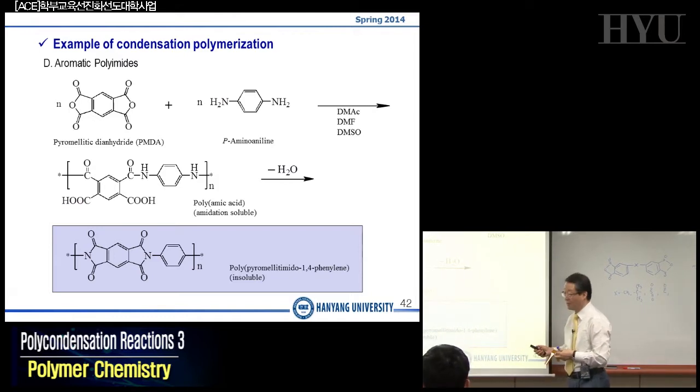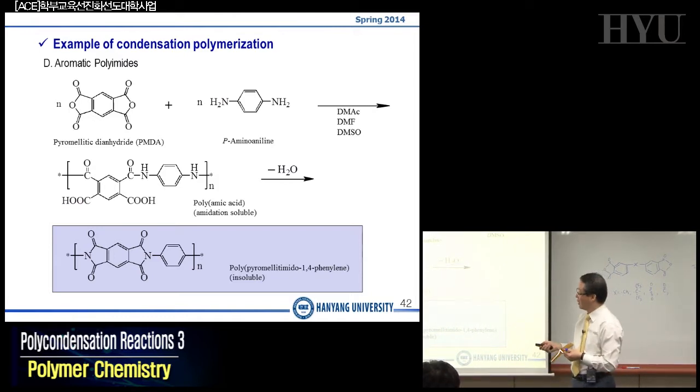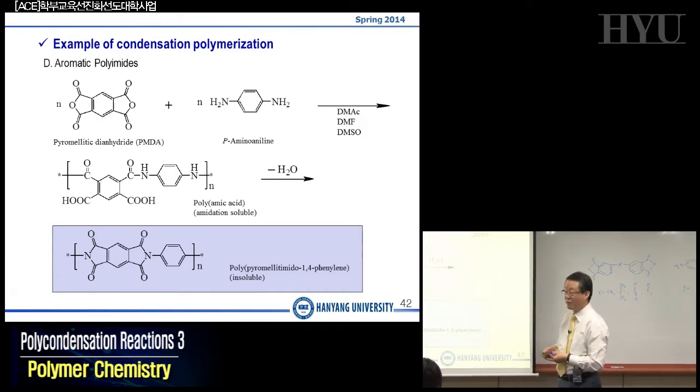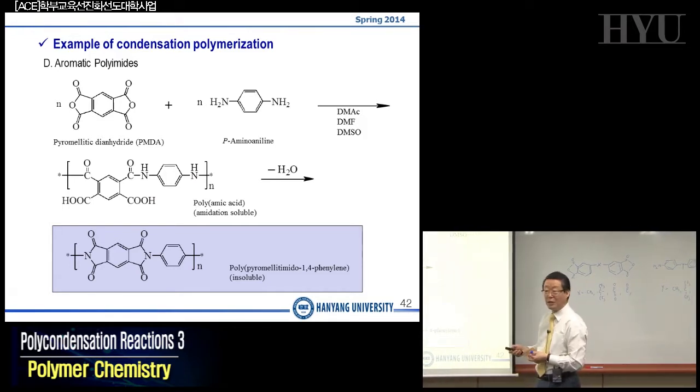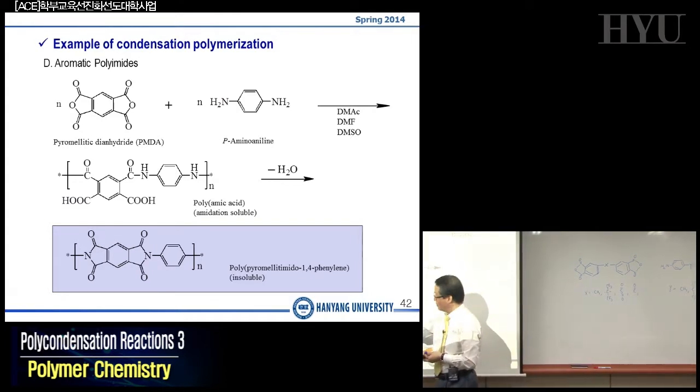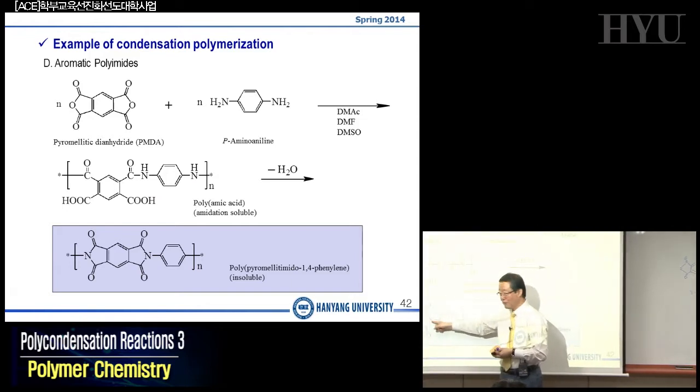Kapton film has a little dark yellow or dark brown color because of the conjugated structures. Conjugation means that the double bonds are alternately connected to each other. Now, we have a double bond, but it doesn't have any double bond here.